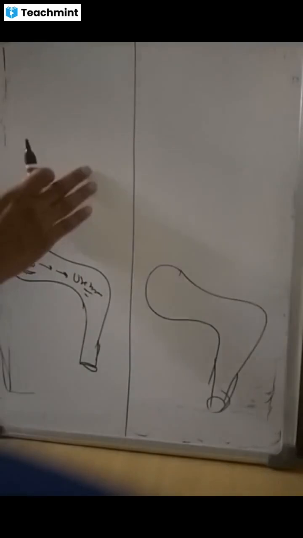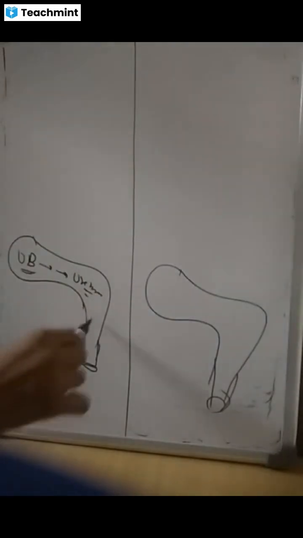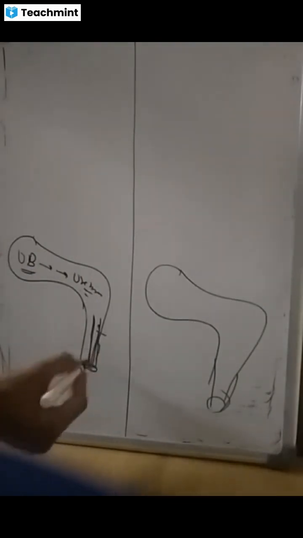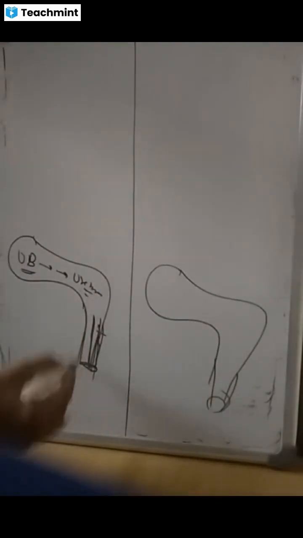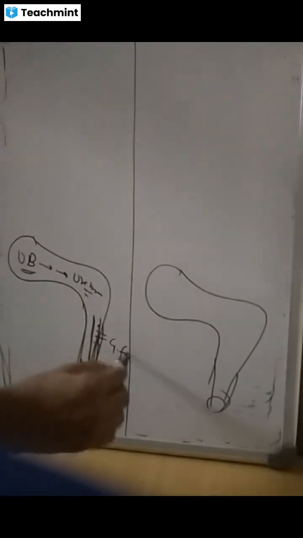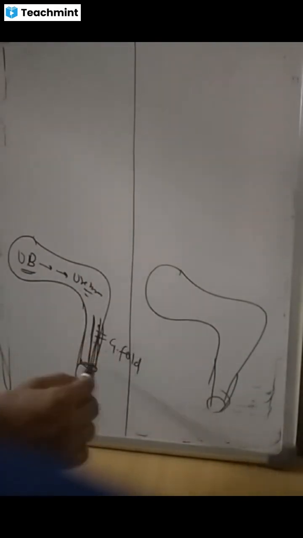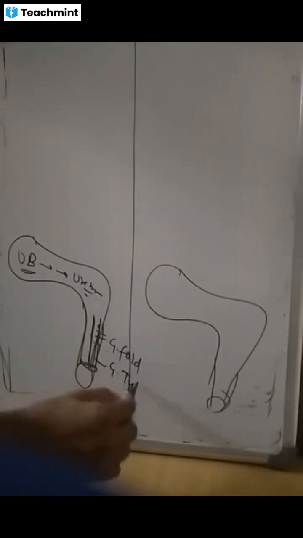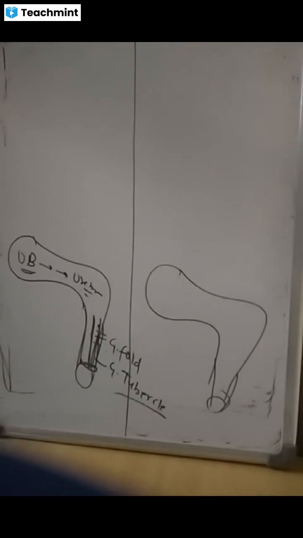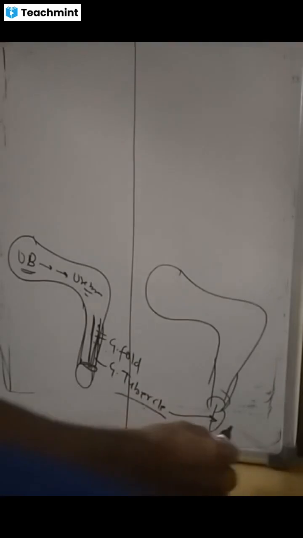Then on this side is male: penile urethra, and the penile urethra in the penile structure. So this is formed from the genital fold and the genital tubercle. Female part from the genital tubercle: here, what is formed?